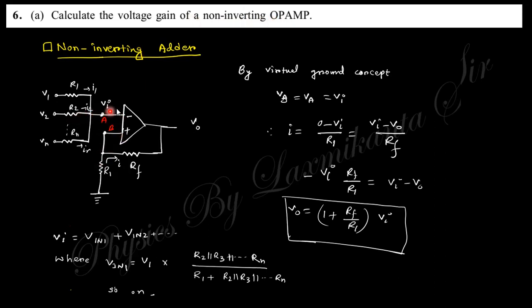If we consider this is an op-amp, within this you can see here this voltage is applied here like that, and this is the resistance, and this is the circuit here connected.